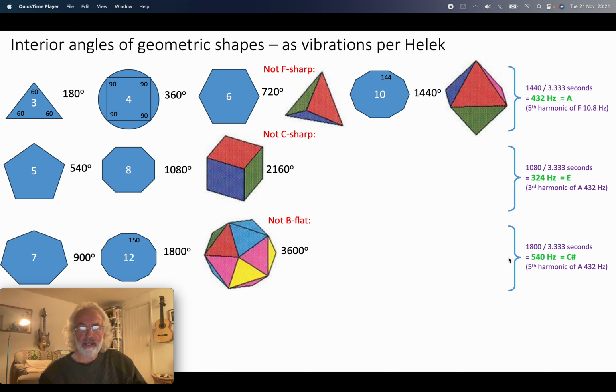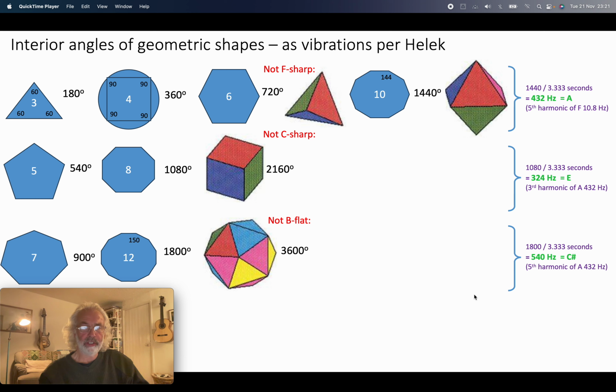That's not a B flat. If you divide that by 3.333, that actually is a C sharp. So there is a C sharp in it, and that's the 5th harmonic of the 432. So you've got a root of A, you've got the 3rd harmonic of it, an E, and the 5th harmonic of that A, the C sharp. This gives you an A major chord.